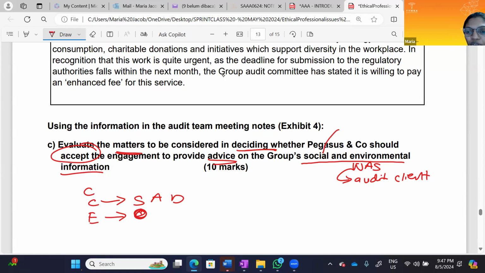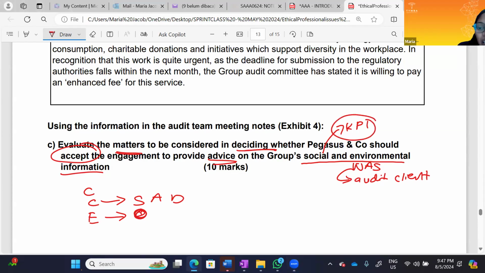Just in case you are feeling confused, social and environmental information is some kind of KPI, key performance indicators. Now, do we have key performance indicator information anywhere in the audit report? No? But where do we present these figures? Annual report. Yes, correct. Only in the annual report, but not in the audit report.